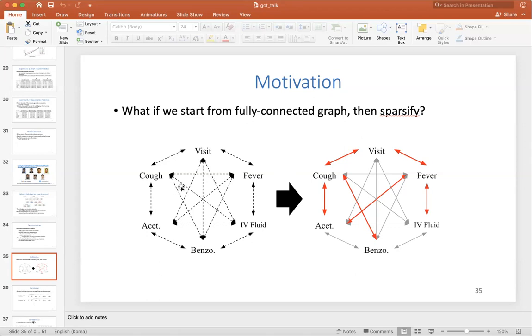So 2 diagnosis codes, 2 medications, 1 procedure. Your initial assumption is that everything is connected to everything else. It's just a fully connected graph.